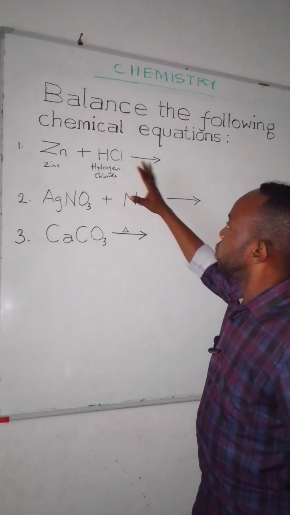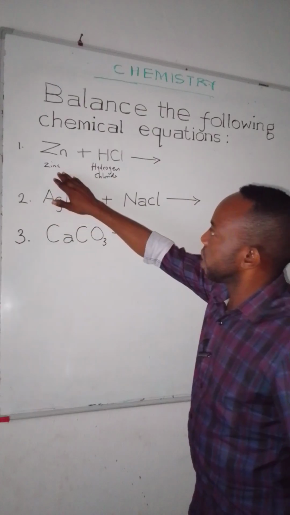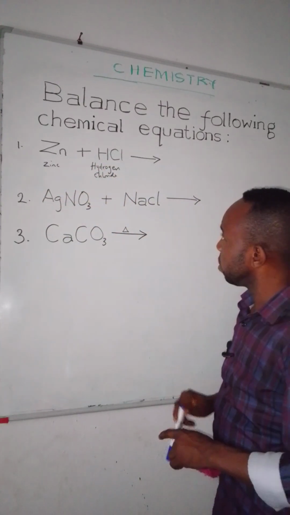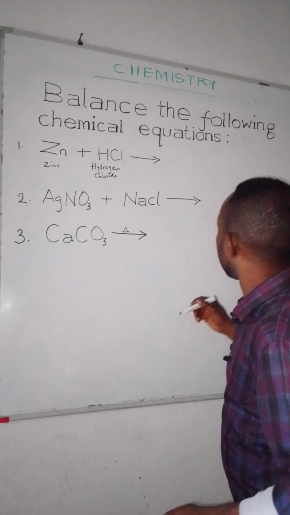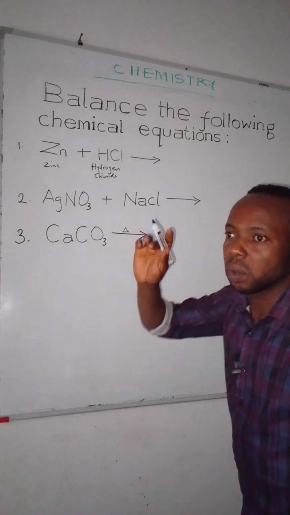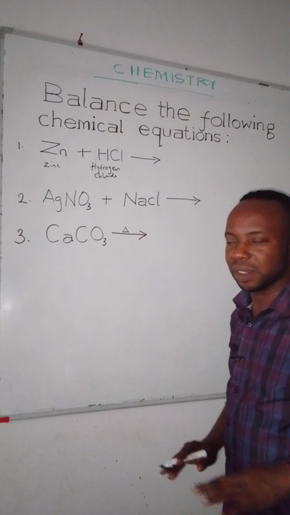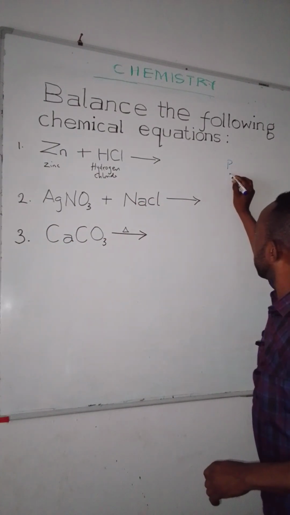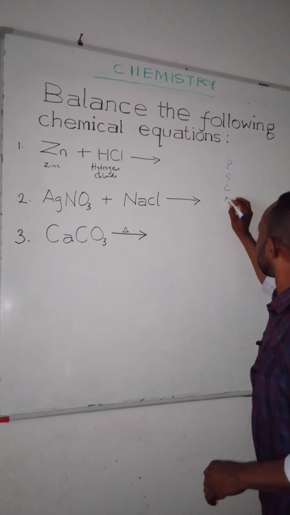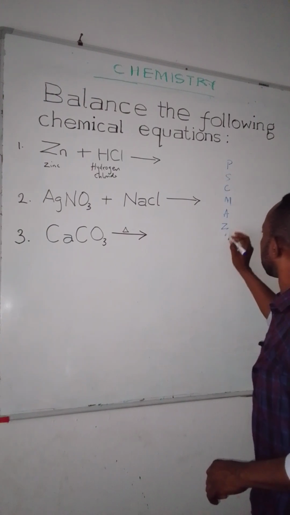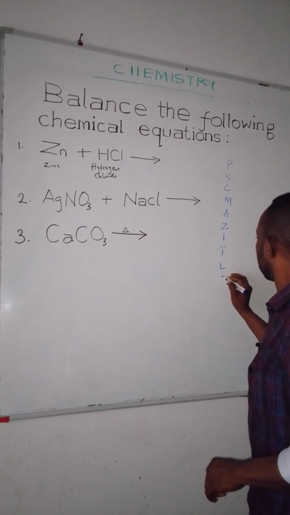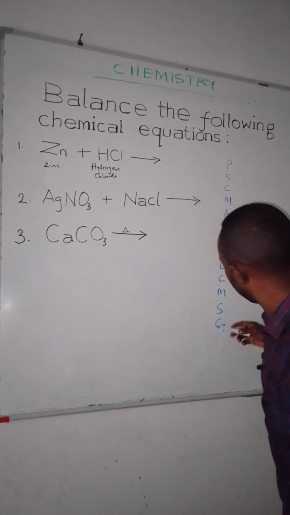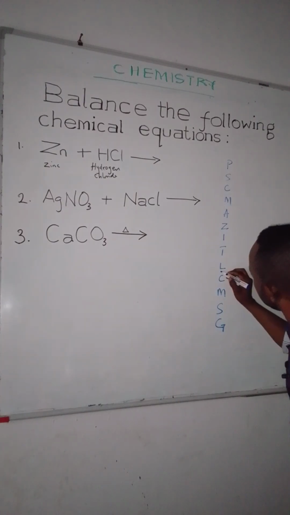So what you must do to balance an equation, let's start from here. If you have this equation, zinc plus hydrogen chloride, what you have to do is this. There is what we call the electropositive series. But you don't go about cramming all these things. If you count from here, 1, 2, 3, 4, this is where hydrogen is.